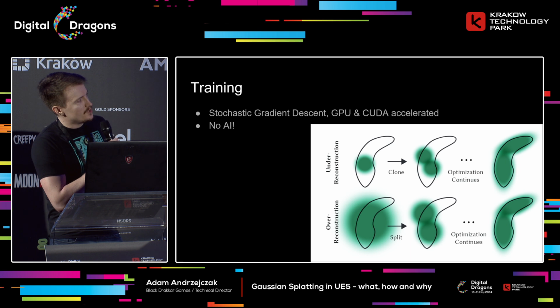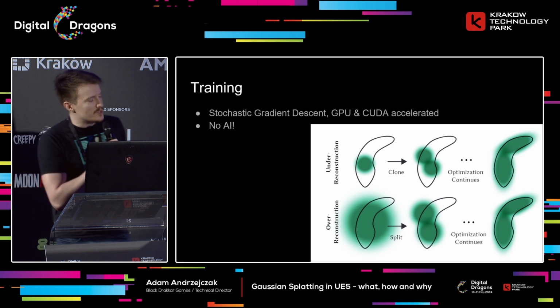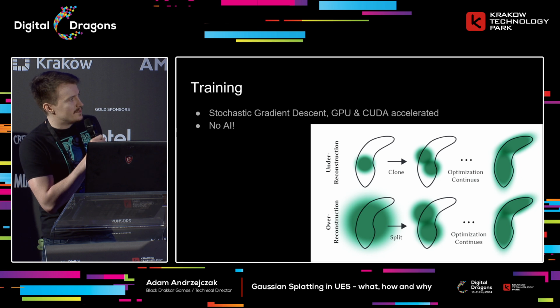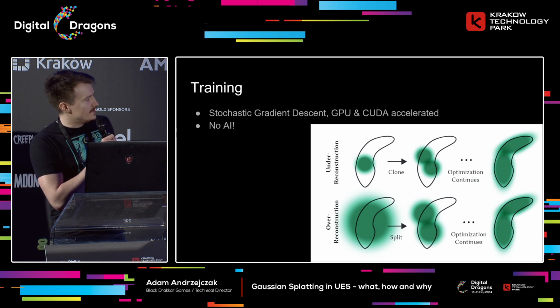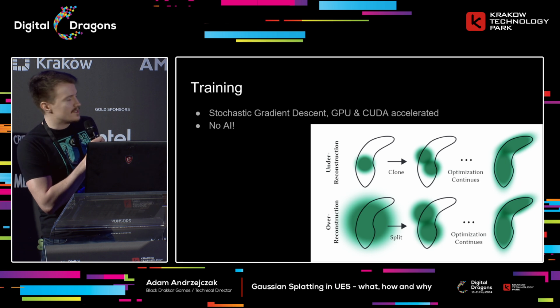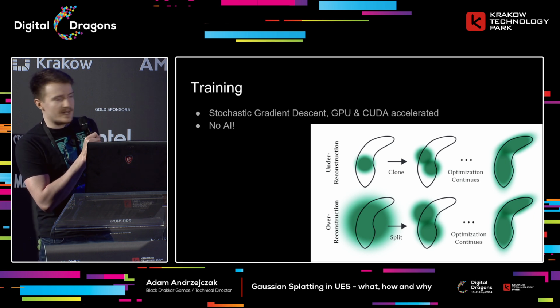Then the optimization continues, and these splats are squeezed, rotated, so that they resemble more the final shape. And in the bottom case, this splat is much bigger, so it has to be split, and then optimization continues, and we reach the same effect. So both passes work in tandem.